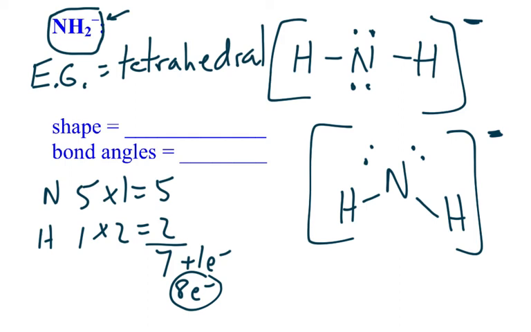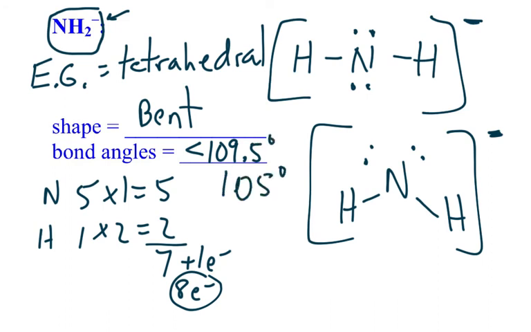Now, the shape has to do with the molecular shape. If you look under tetrahedral, when you have 2 bonding and 2 non-bonding, the name of this shape is called bent. And the angle is going to be less than 109.5 degrees, probably closer, like water, to 105. But again, less than 109.5 would be sufficient.